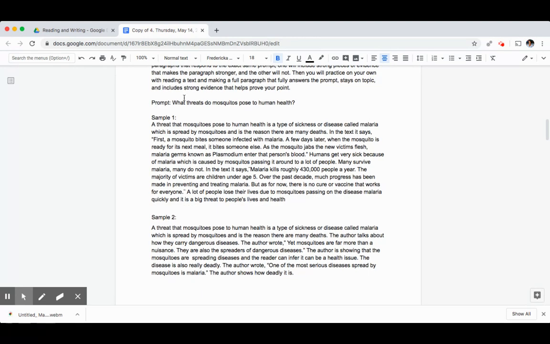So, for these samples, the prompt that was written on was, what threats do mosquitoes pose to human health? As you read through these 2 samples, I want you to jot down notes on their evidence. And when you're thinking about their evidence, I don't want you to just say it's good or it's bad. I want you to really think about it.